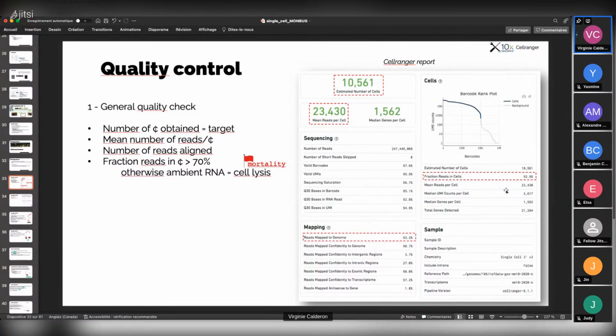So when you sequence this, you have free RNA, and if you have free RNA, you don't know which cells it comes from. That's why we need this number to be really high, to be sure that these reads come from one cell and were not just free RNA in the experiment. So this will reflect the level of mortality in the experiment.